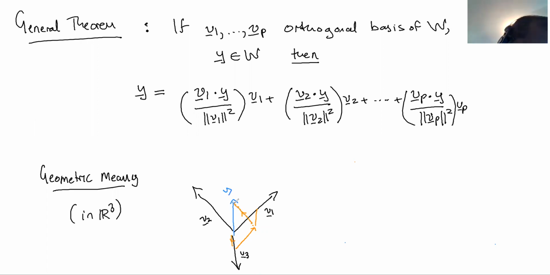That's supposed to be a picture of how you uniquely decompose along 3 perpendicular directions. So here you have a decomposition into 3 orthogonal components.